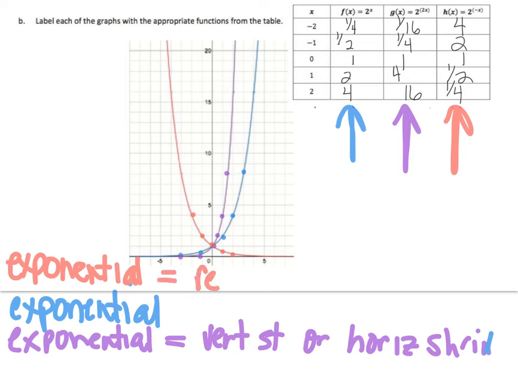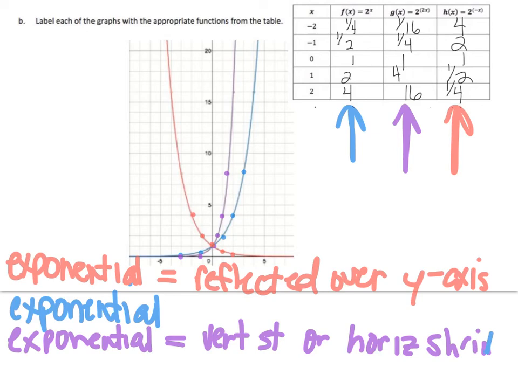But we reflected over the y-axis. That negative in the exponential spot reflected it over the y-axis. And it looks like we just reflected f of x equals 2 to the x over the y-axis.